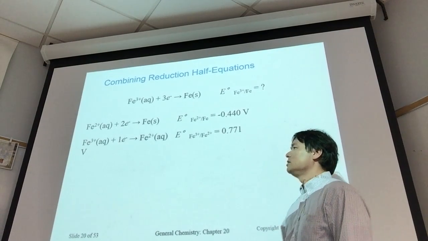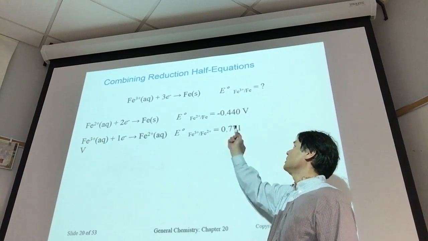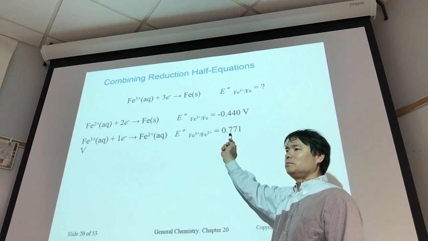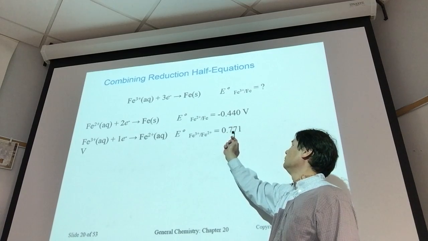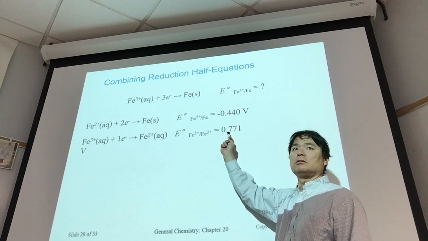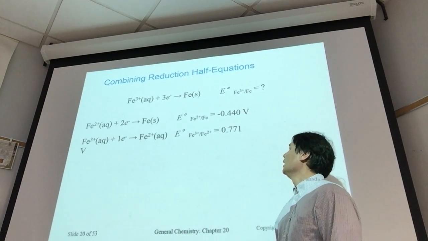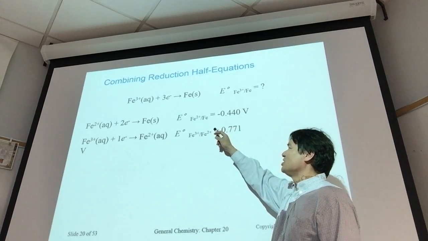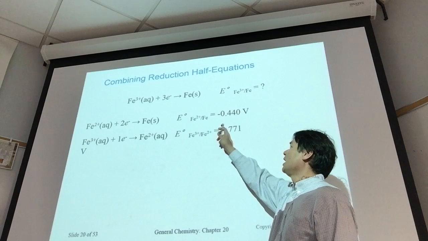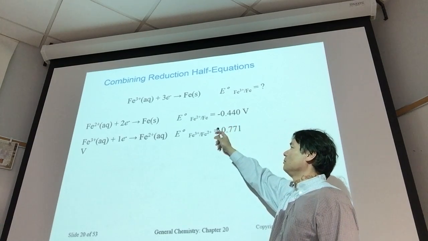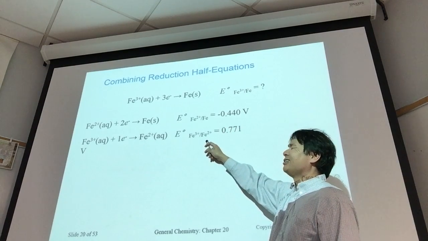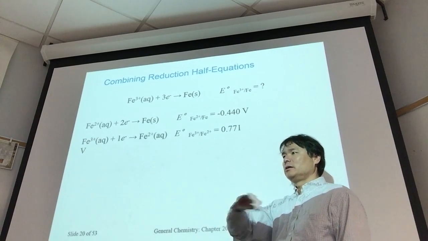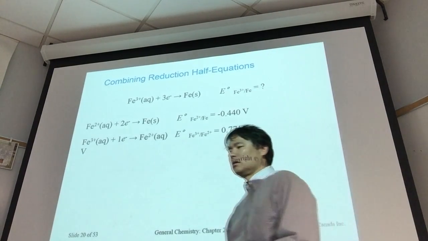And so when we look at those numbers, it tells me that iron is a much more powerful reducer than iron 2 plus by about 1.1 volts, right? Much better. Iron metal is better than hydrogen gas, but iron 2 plus is worse than hydrogen gas, because hydrogen gas would be zero. Arbitrary zero.